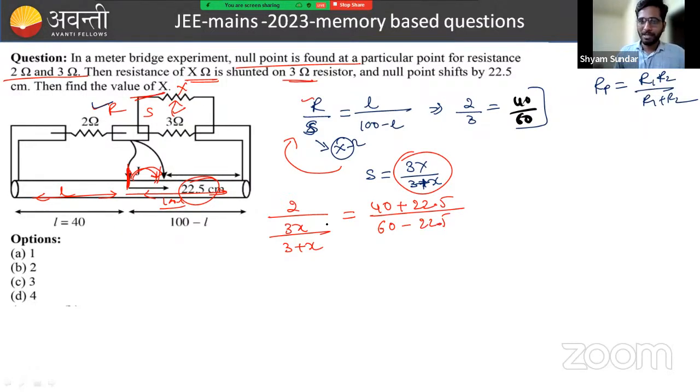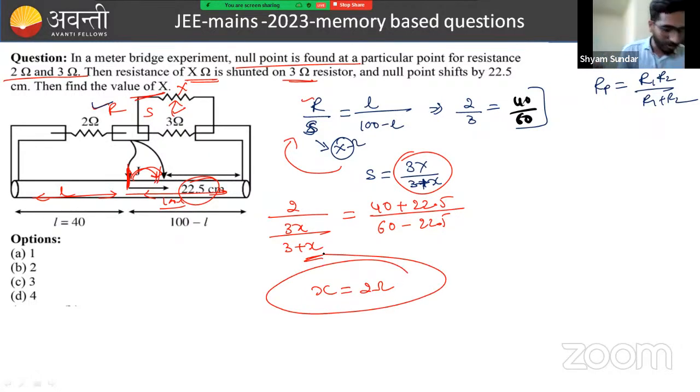Just solve this equation and calculate the value of x. You will get x nearly 2 ohm.